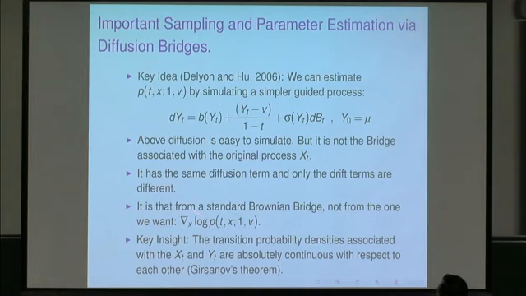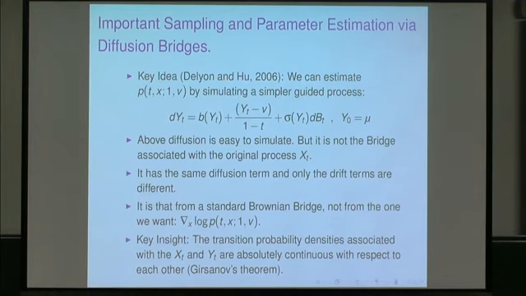But the key insight is that these two processes, the y of t and the Brownian bridge that we did want to simulate, are absolutely continuous with respect to each other by Girsanov's theorem, because they have the exact same diffusion term driving these two Brownian motions. So that's a very key property.